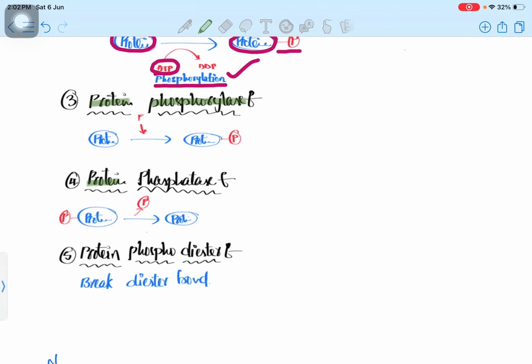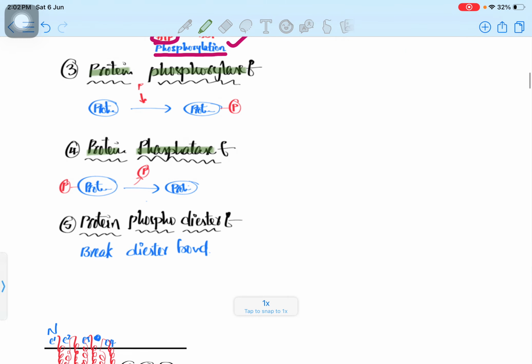Another two conditions are protein phosphorylase and protein phosphatase. You can see this protein is getting a phosphate from outside, so it gets activated. But in the phosphatase condition, the already activated phosphorylated protein has its phosphate removed, and the protein is inactivated. So the phosphorylase adds the phosphate on the protein and the phosphatase removes the phosphate from the protein.